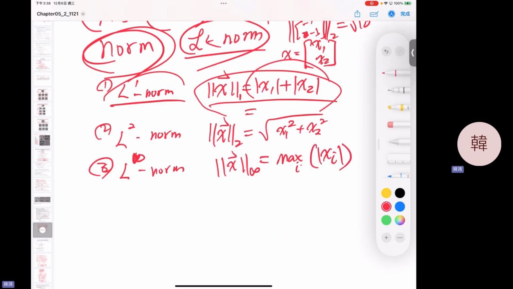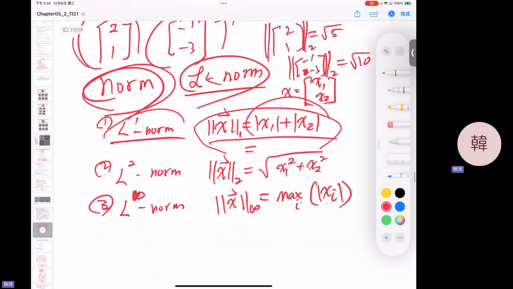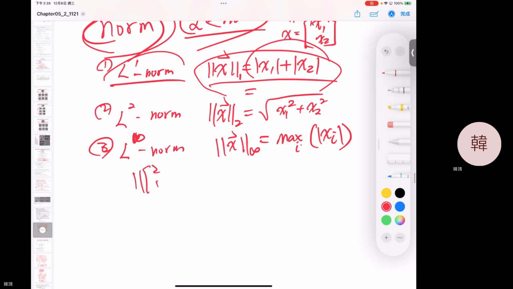So for all your vector components, take the absolute value, and take the maximum one as the infinity norm. For this one, the infinity norm is 2, positive. And for this one, minus 1, minus 3, the infinity norm becomes 3. Again, the second vector is larger than the first vector.